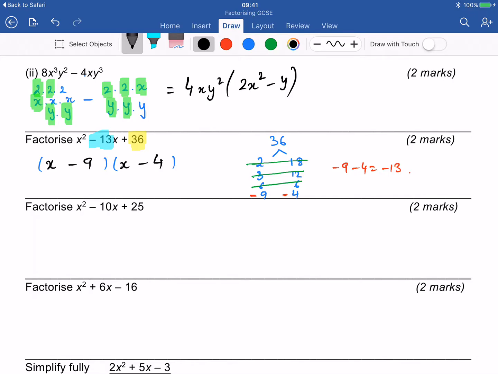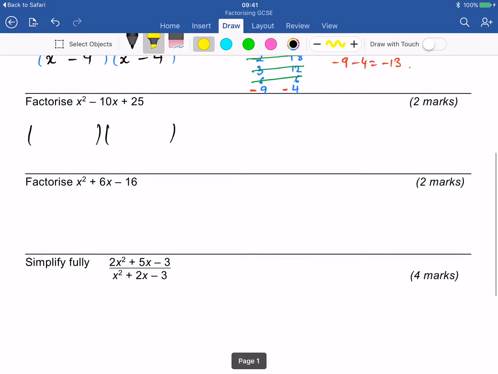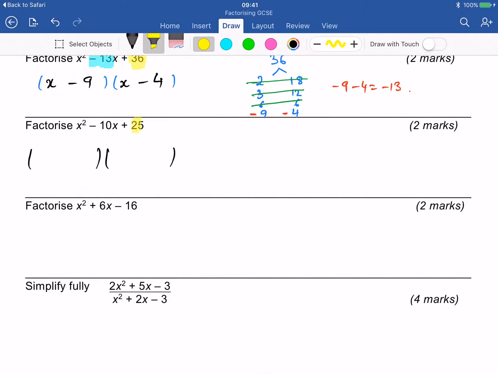Let's try to do this next question. So we'll end up with 2 brackets. I need to split 25 in such a way that when I add them, I get negative 10.